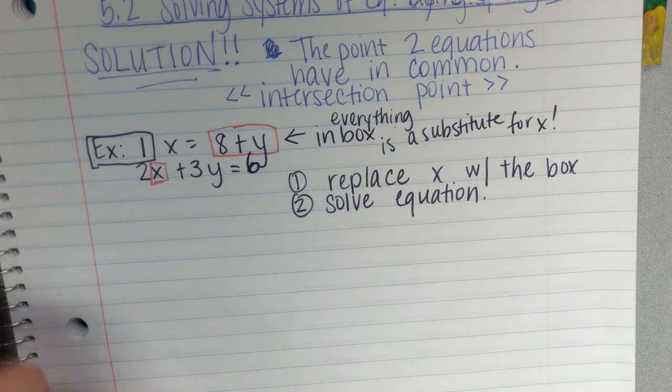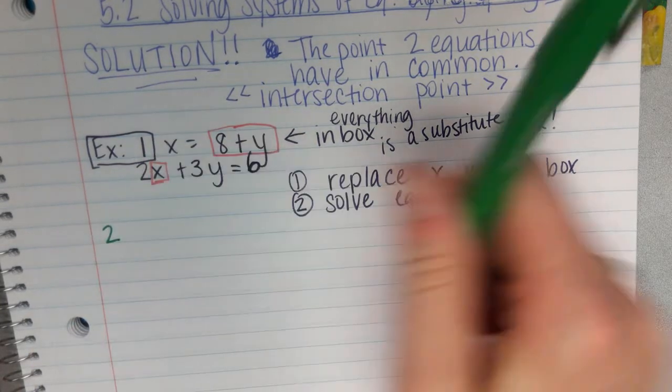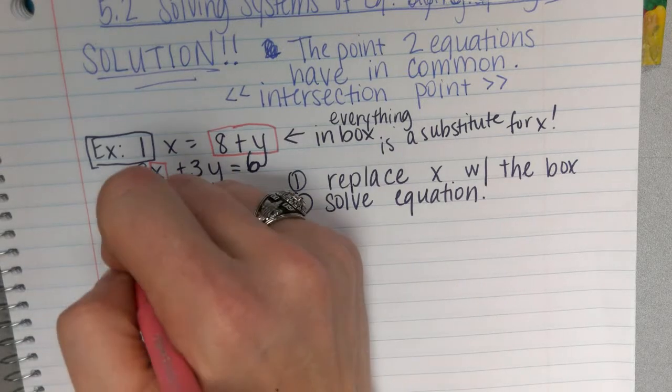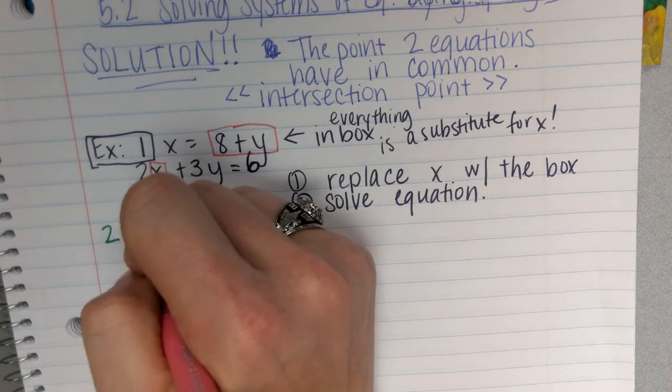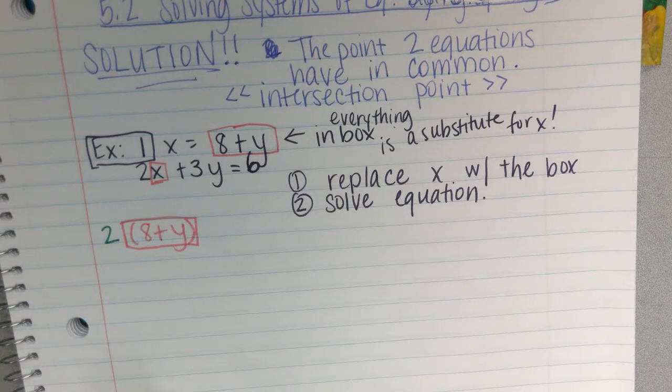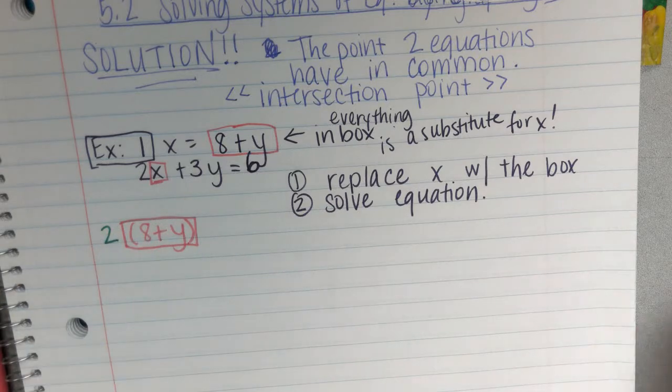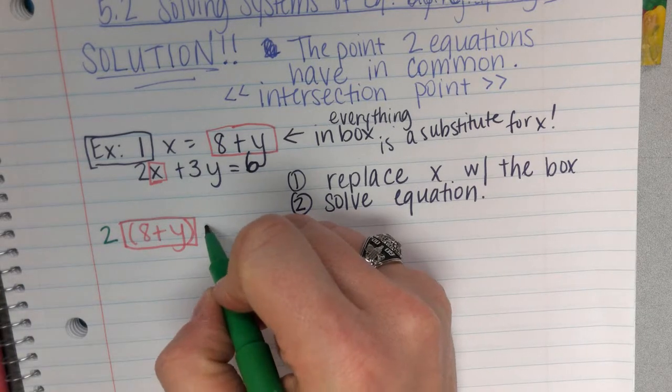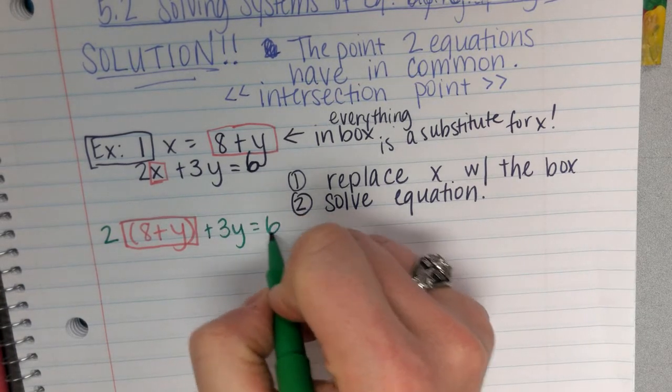So let's go ahead and do that. We have 2, and we're going to put that box in here, 8 plus y. We're going to put that in parentheses, okay? Because that whole thing stands for x, so we put that in parentheses. Plus 3y equals 6.